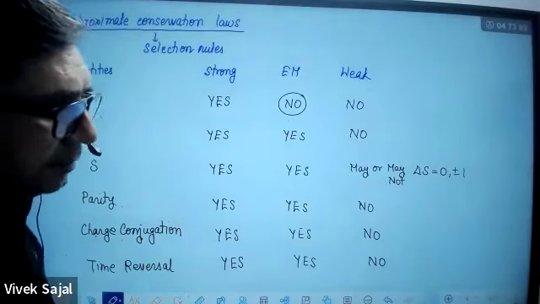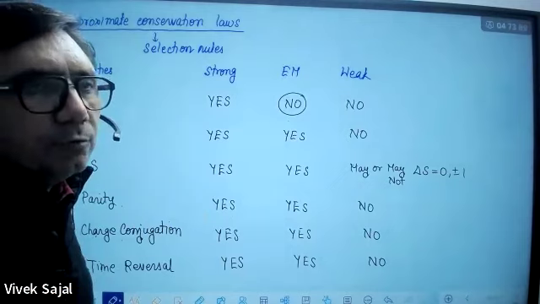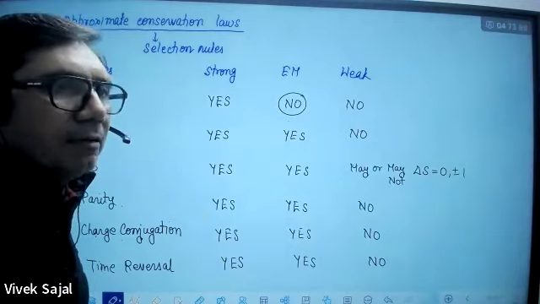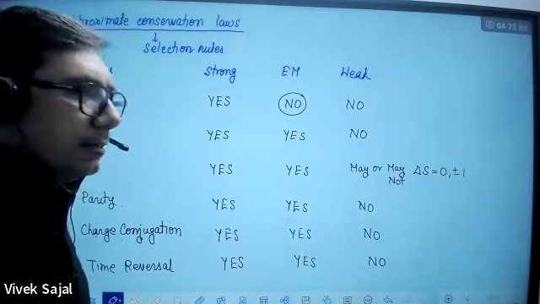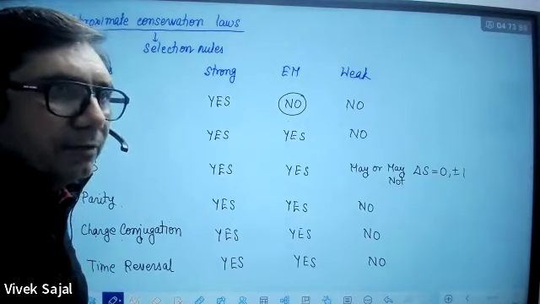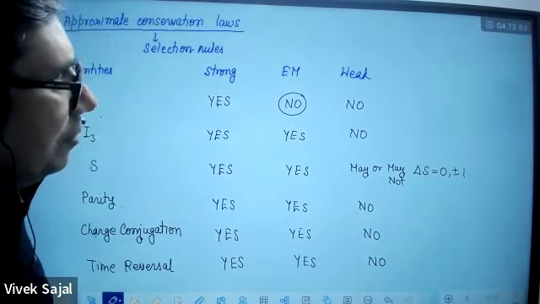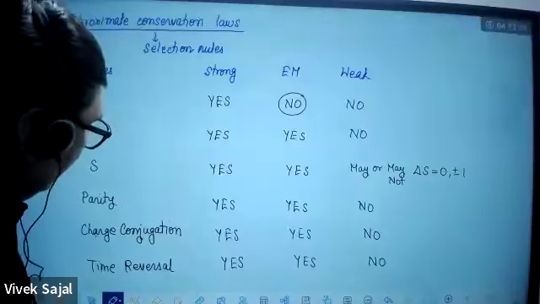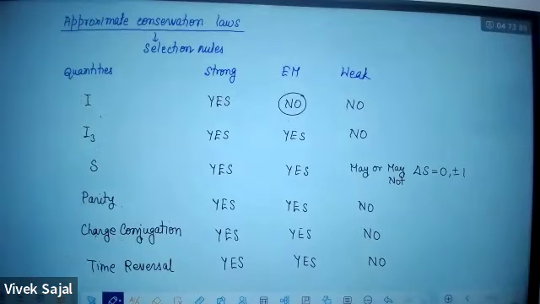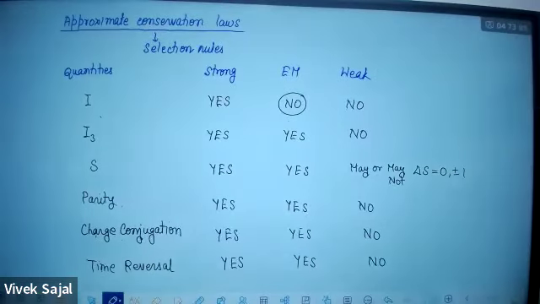I will complete the theoretical part in the next class. After that, I will take 2 or 3 classes to discuss numericals, all possible types in particle physics. After that, you can solve any question related to particle physics. Please note it down. For today, I'm going to stop here. I will need one more class for the theory part.